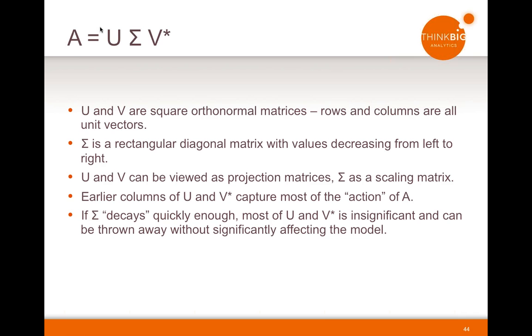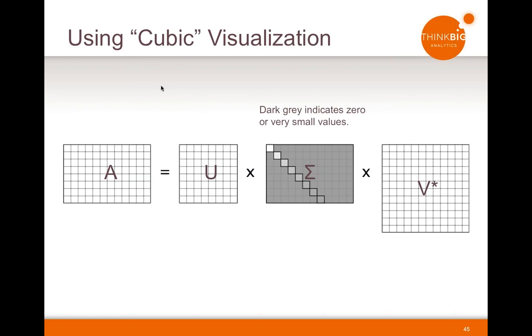The other part of sigma is that the values decay. They get smaller. So the first diagonal value, and let's jump over to a picture. If this is A, the resulting matrix, and this is U, you can see U has the same number of rows and columns as you have rows in A. V star is also a square, and it has the same dimension as the columns of A. Sigma then is just this rectangular one that allows you to multiply U times V. And I've shown all of the gray values here are zeros, so you can just ignore them.